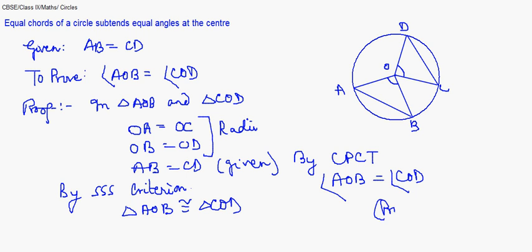So this is proved. Now the converse of this will be, I won't solve or prove it because it's almost similar to the previous few theorems we have been taking. So I hope you can do it by yourself. Only I will be writing the theorem here.